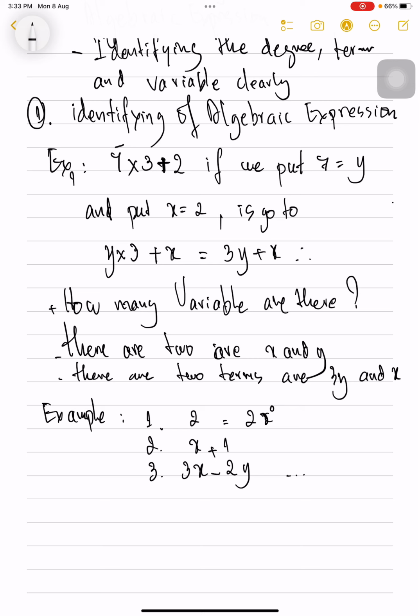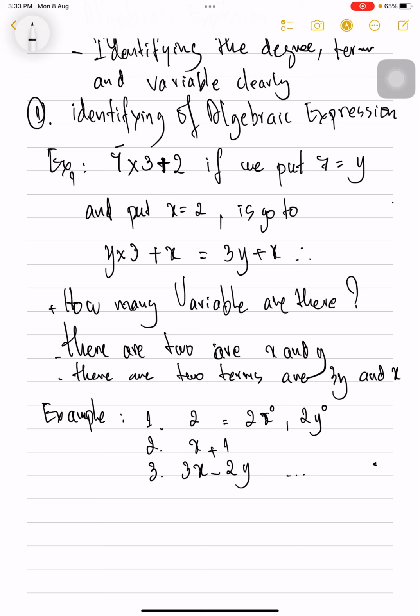So for the first example, what are the variables? The variable is not completed. I mean that x we can write in this form. If we take x out and replace x by y power 0, we can also say that y is the variable for the first algebraic expression.